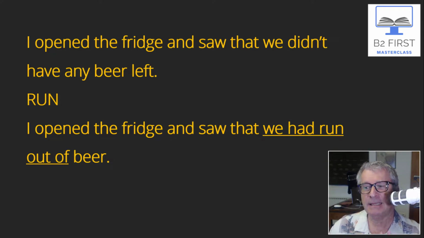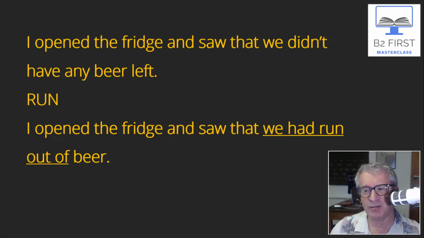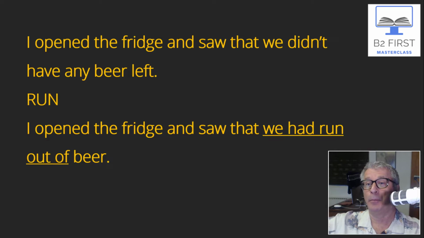So again, they're testing 2 things here. They're testing that you know that phrasal verb, that run out of something means there's none left. And they're also testing your tenses, because I opened the fridge and saw, past simple, that we had run out of beer. That's past perfect. And it's past perfect because the beer disappeared before I saw inside the fridge.